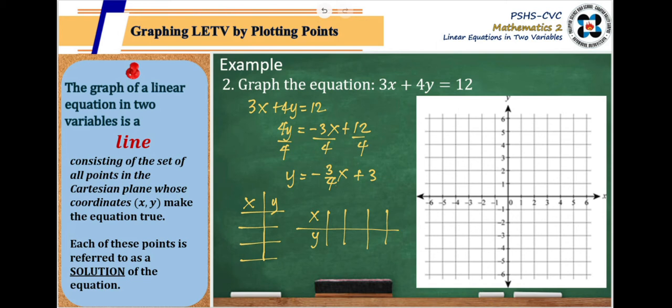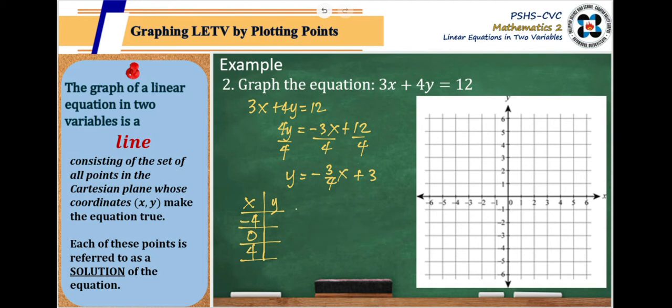If we wish to avoid fractions, then we can consider x values which are multiples of 4. So that, for example, if x is equal to 4 and I multiply it by negative 3/4, then I will just have negative 3 added to 3. I'm going to choose values for x like negative 4, 0, and 4, all of which are multiples of 4.